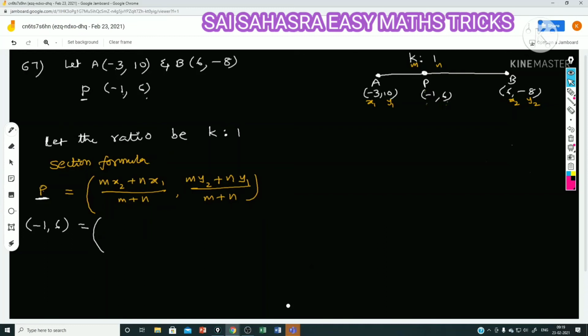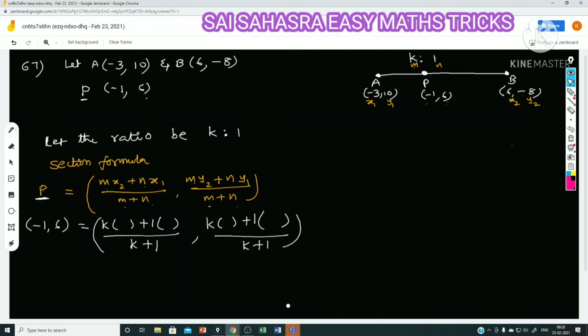Next, m value k. So k into x2 plus n value. What is the value of n? It is 1. So 1 into x1 by m plus n. M plus n means k plus 1. Next one, m y2. M is k only. So into y2 plus n is 1 only into y1 by m plus n means k plus 1.